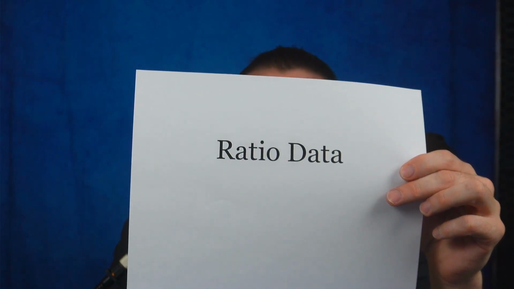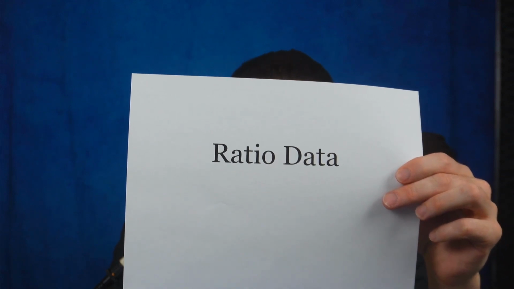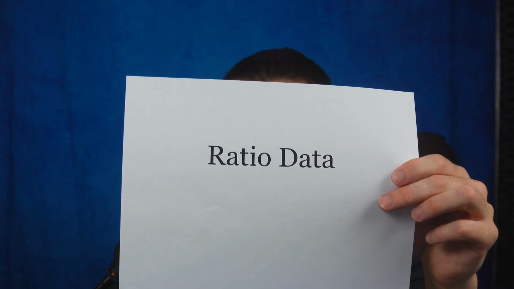This is the most informative level of measurement because it incorporates all the features of interval data and it includes a meaningful 0 point. And this allows for statements on how much more one object might possess a certain characteristic over another object.